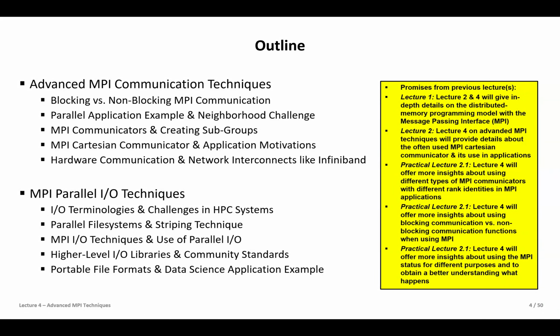The second part of the lecture would then focus not so much on computation and communication, but rather on data, something we didn't really discuss very much. So how we load data, how we work with data in parallel, what the bottlenecks of the file systems are, how we have a logical versus a physical representation of the HPC systems, and at the end, some data science application examples where we're getting towards standards in HPC, something like HDF.